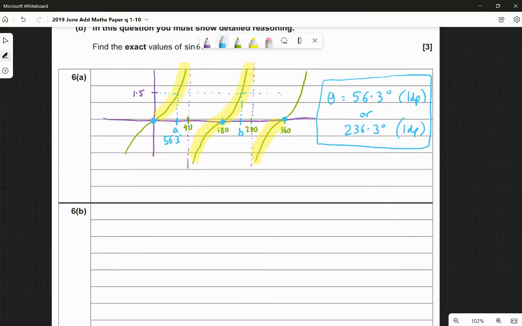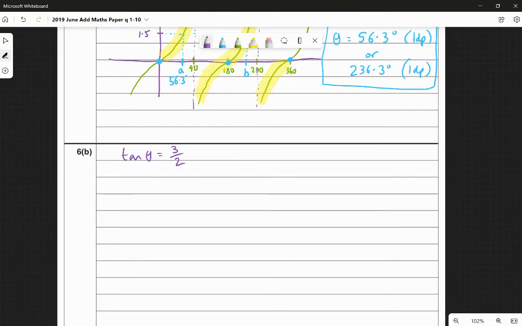So I'm going to rewrite tan theta as 1.5 as follows. If tan theta equals 1.5, then that's the same as tan theta is 3 over 2. I'm going to draw a triangle now and go back to original trigonometry based on a little right angle triangle.